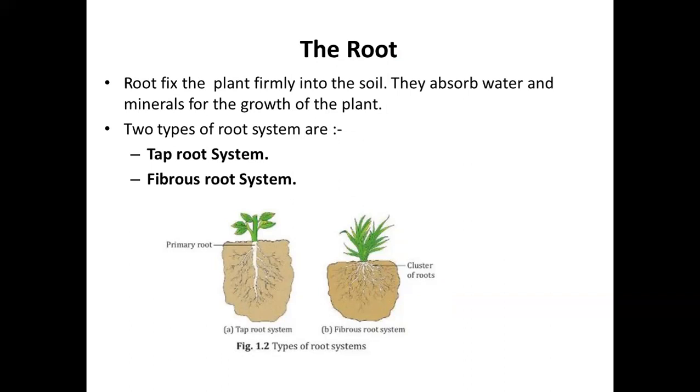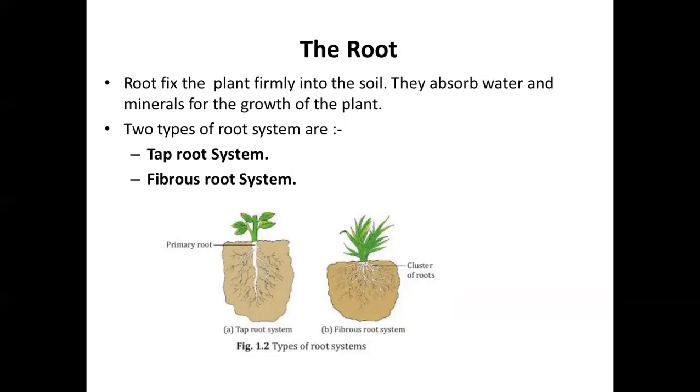In a fibrous root system, a cluster or group of roots rises from the base of the stem. Examples are the roots of grass, wheat, rice, and onion plants. So these are the features of the root and two types of root system.